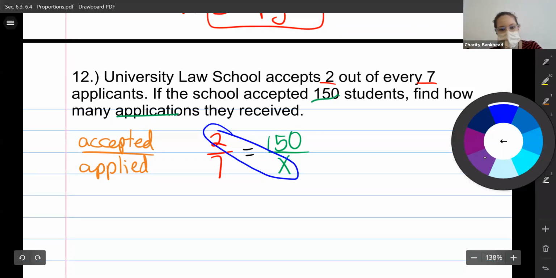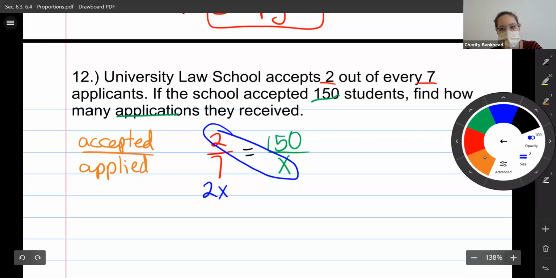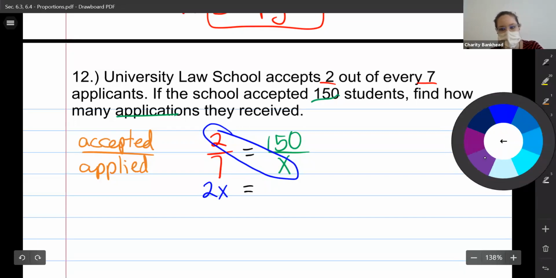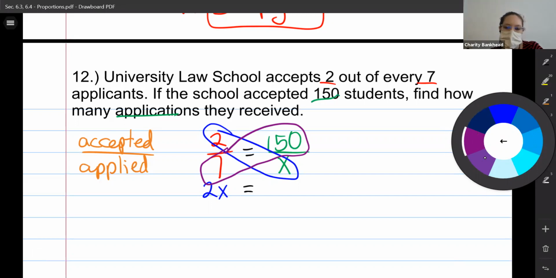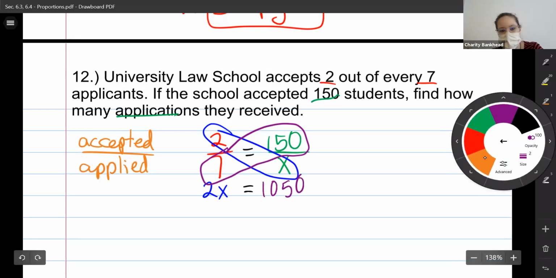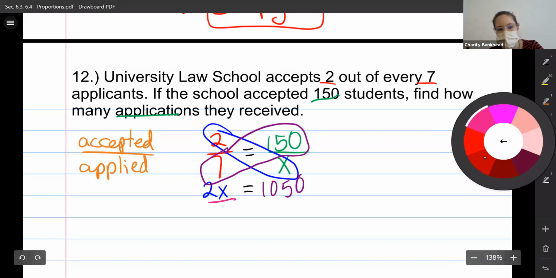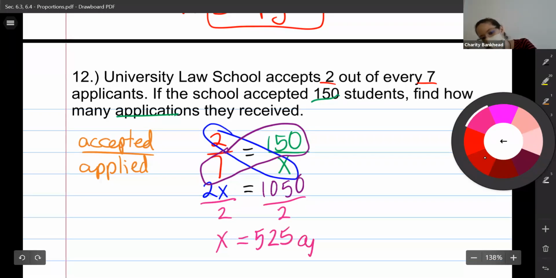So 2 times X, 2X equals, so 7 times 150 would be like 1050, and then divide both sides by 2. So that would be X equals 525. So 525 applications that they received.